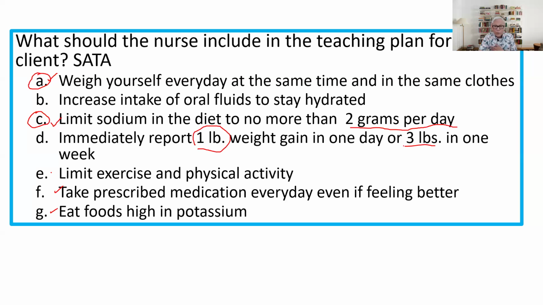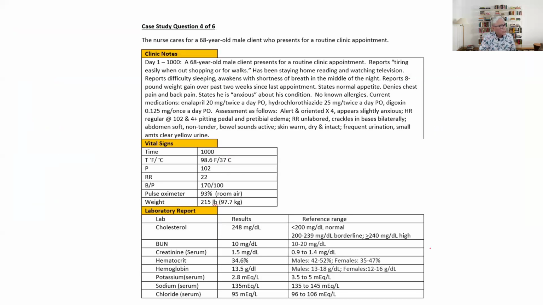We still encourage them to be active and to maintain their activities of daily living as far as they can tolerate it. And then, of course, making sure that they take the prescribed medication every day, even if they're feeling better. Now, letter G, eat foods that are high in potassium. The patient is on hydrochlorothiazide, if you remember, which is a potassium depleting diuretic, and therefore this is a possibility.